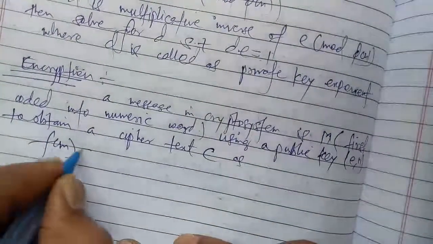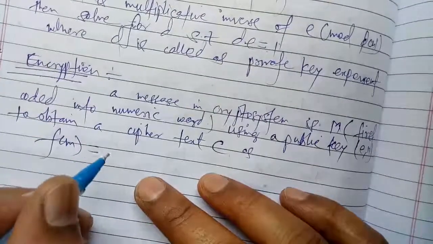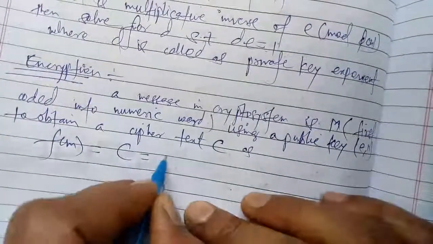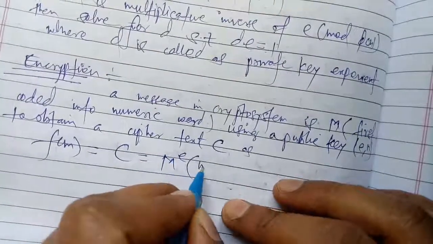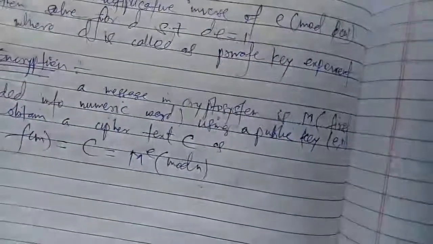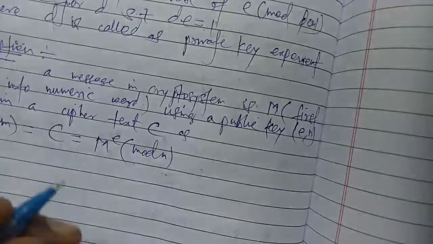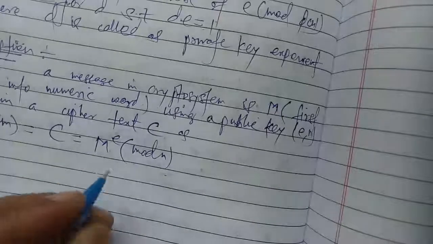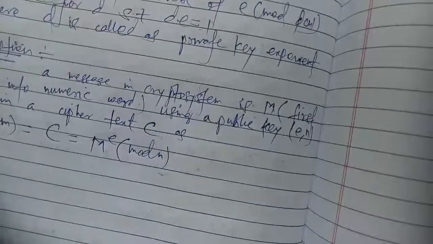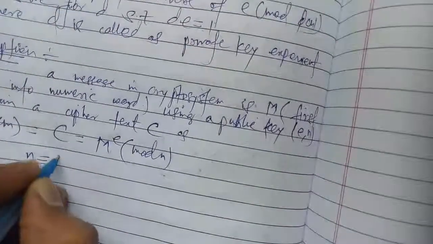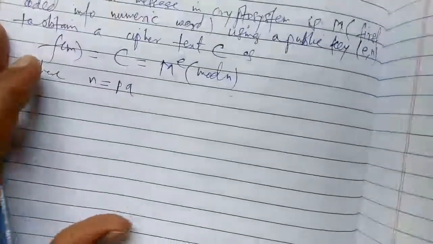So capital C equals capital M to the power e modulo n. That is the coded word of your message capital M, C equals M raised to e modulo n, where n is nothing but the product of p and q.